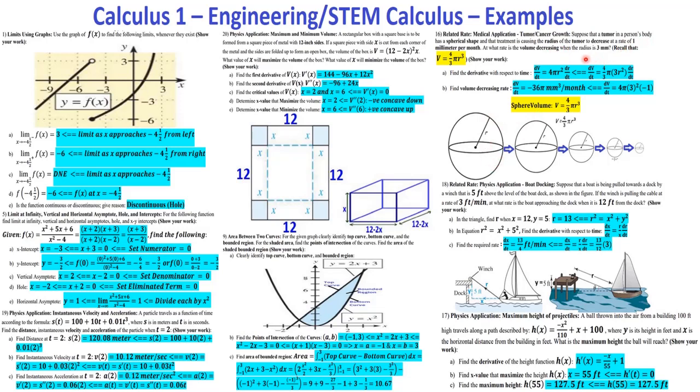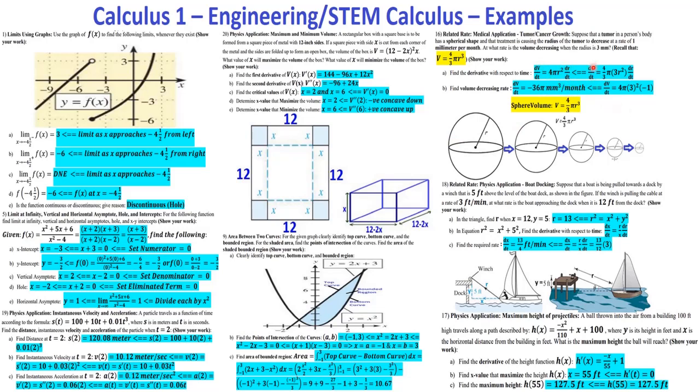When the radius is 3 millimeter, the volume of the sphere is 4 over 3 pi r cubed. When you take the derivative, dV by dt is 4 over 3 pi times 3r squared dr by dt, which is 4 pi r squared dr by dt.